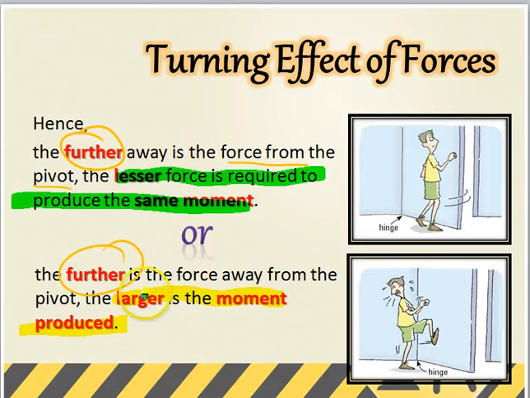These two statements are just different ways of phrasing. In one we focus on the same moment, in the other we talk about the same force but a larger moment. The larger the moment produced with the same force.